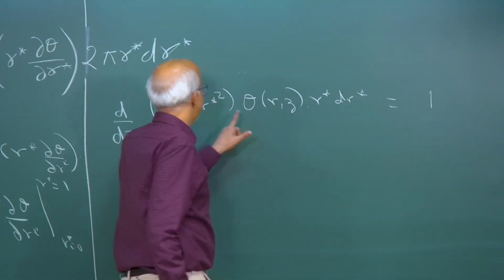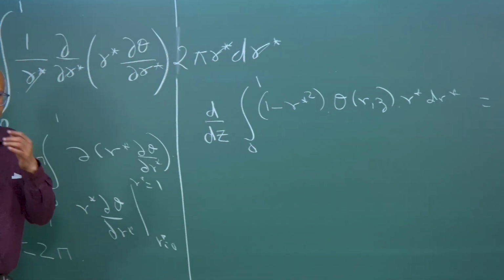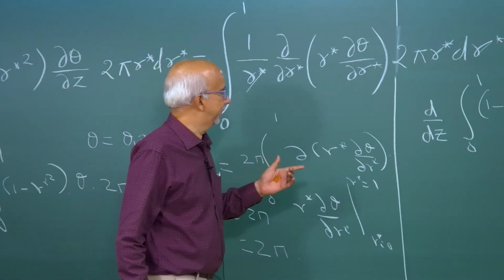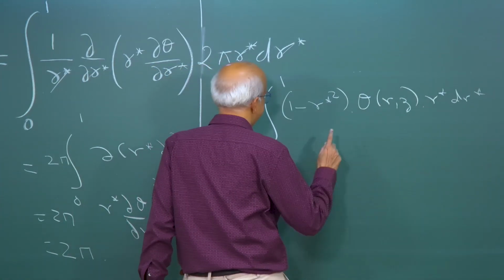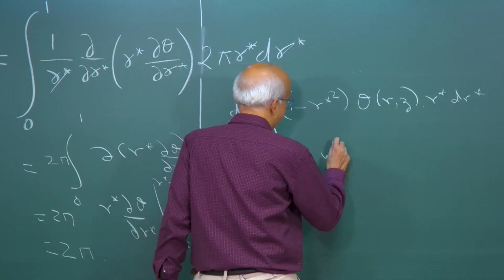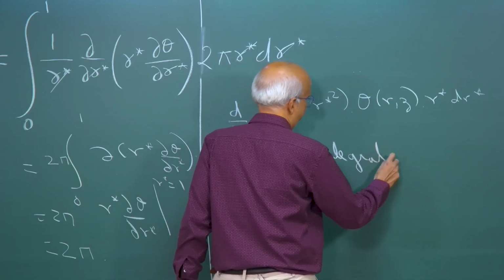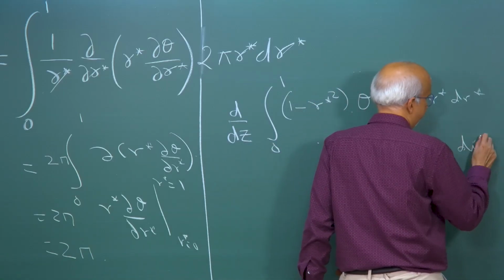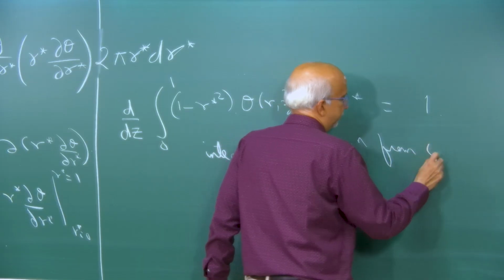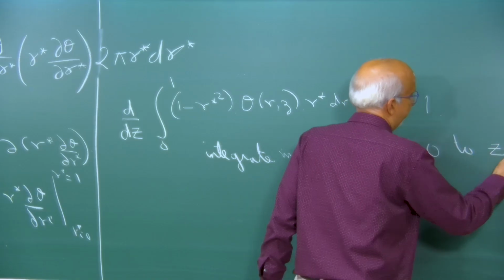The 2 pi cancels off, 2 pi is same on both sides. And I will integrate this in the z direction to give me from 0 to some z. So, integrate in the z direction from 0 to some arbitrary z.